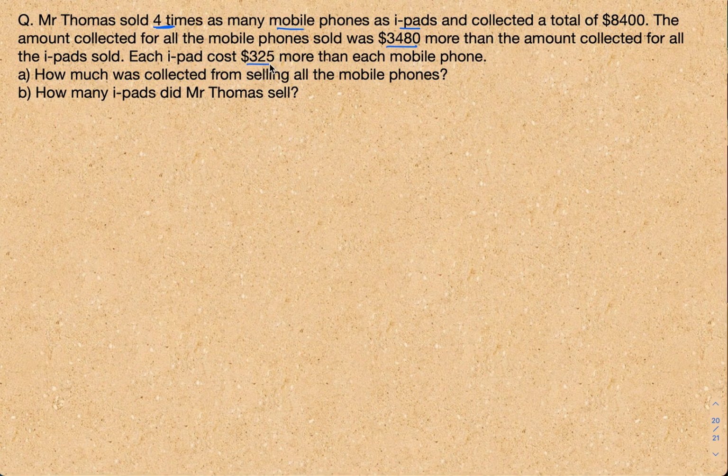So for part A we need to find out how much was collected from selling all the mobile phones, right? So I think for this one, for part A, we can quickly draw a model to find out how much was collected by selling the mobile phones, because we know the total amount collected for both mobile and the iPad, and how much more was collected for the mobile phone.